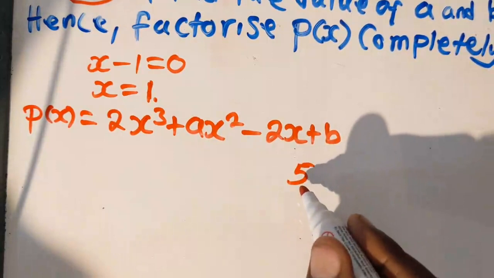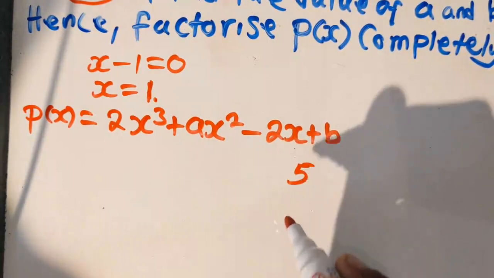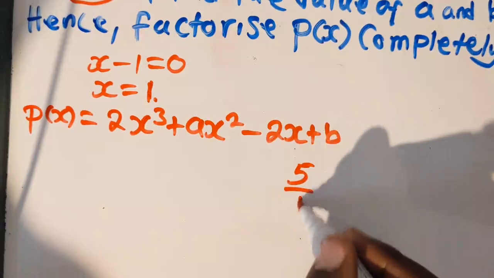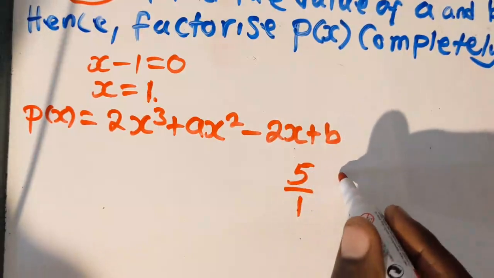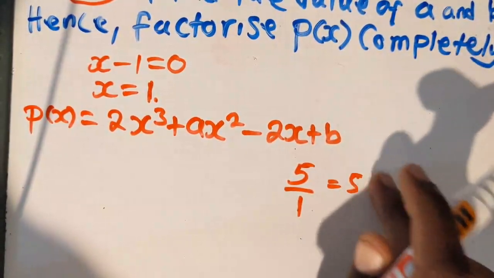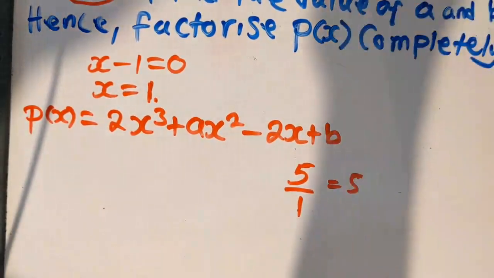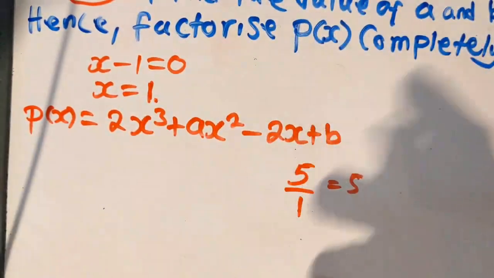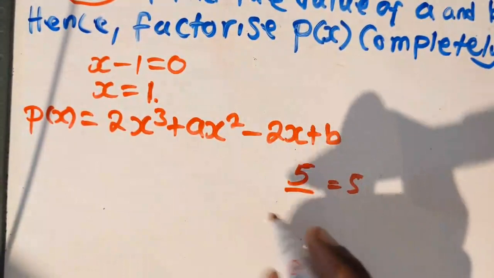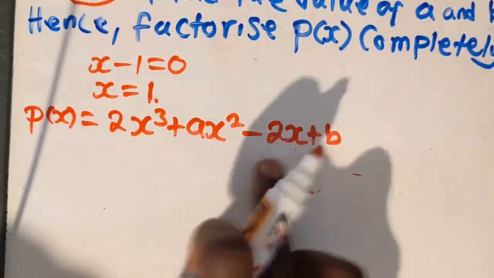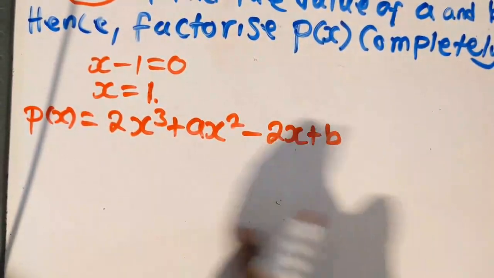The factors of 5 are 1 and 5. When we divide 1 into this, it will give you the number 5, but the remainder will be 0. So when it is a factor, it means that it can go into the number without leaving a remainder. When you say 5 into 5, it is 1, remainder 0. So it's supposed to give us 0 as a remainder.